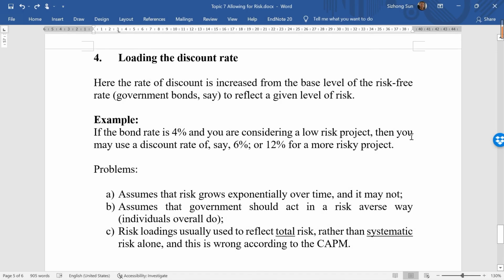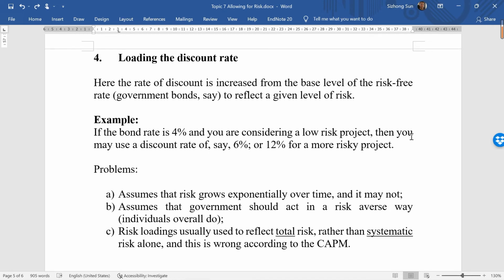The fourth approach to account for risks in cost-benefit analysis is called loading the discount rate. The idea is that, since we need to discount the future benefits and costs back to present times, why not account for risks in the discount rate? Here the discount rate is increased from the base level risk-free rate, for example a treasury bond rate, to reflect a given level of risk.